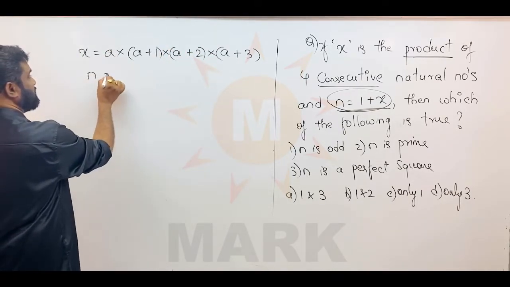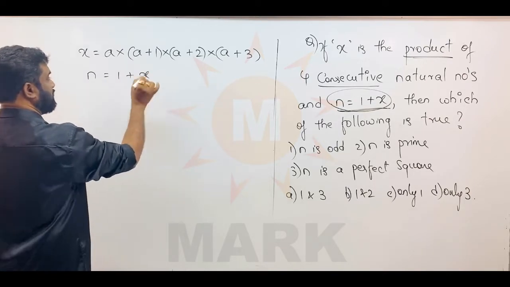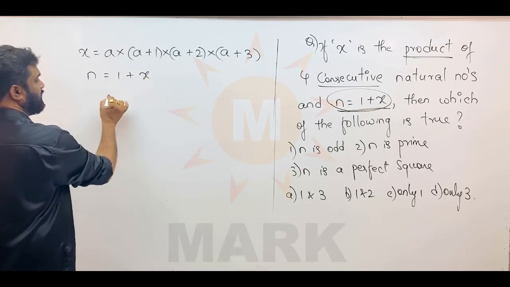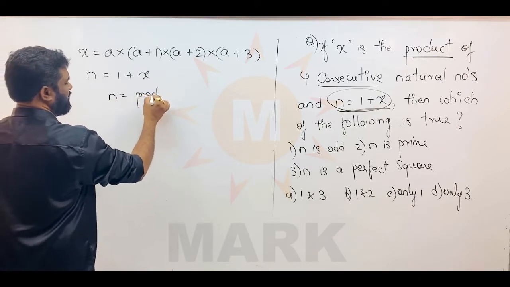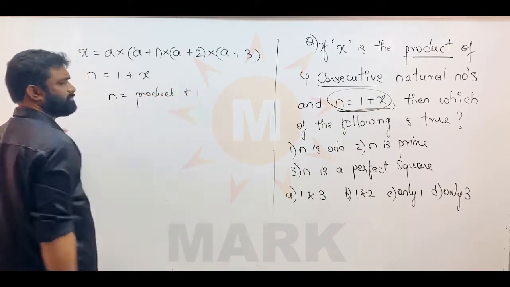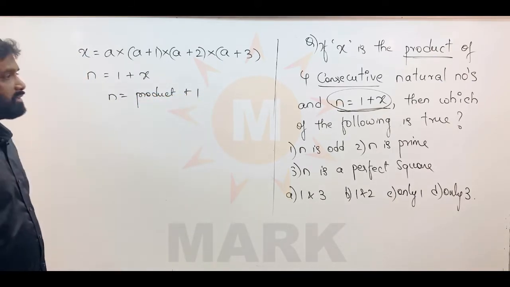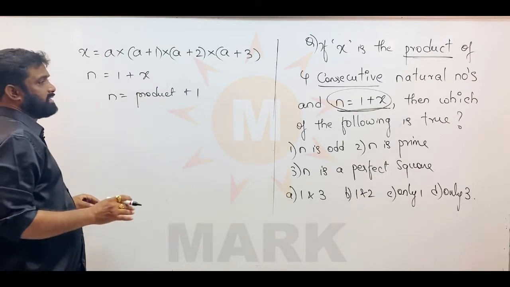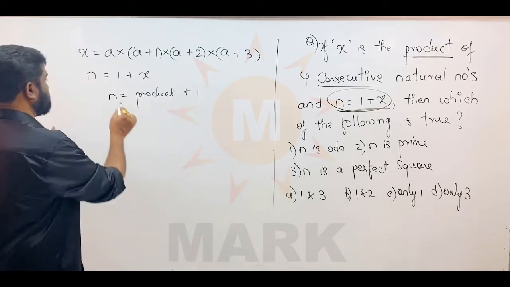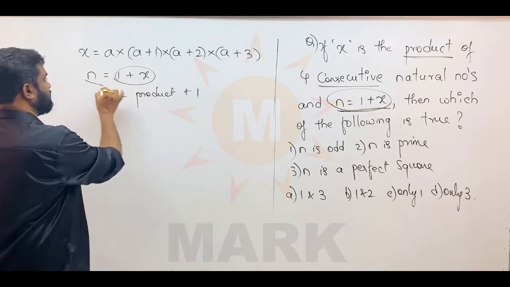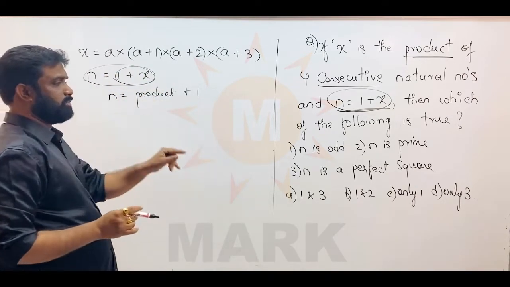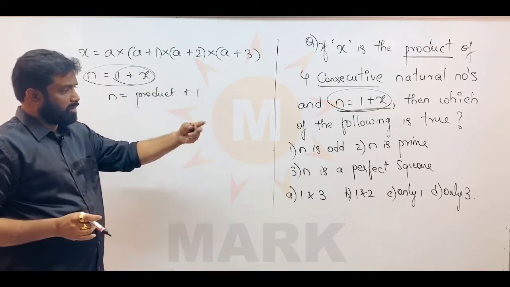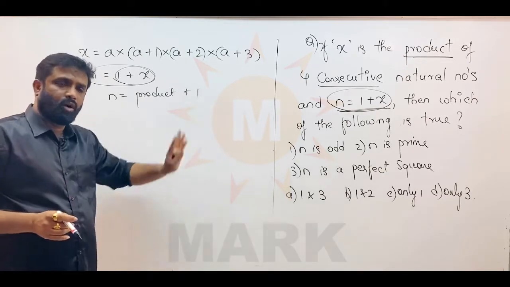Then he defined n. What is n? n is equal to 1 plus x. That means whatever product we get, we have to add 1 to it. Now he is telling that this n, equal to 1 plus x, is odd, or prime, or only prime, only odd, like that the options are given.